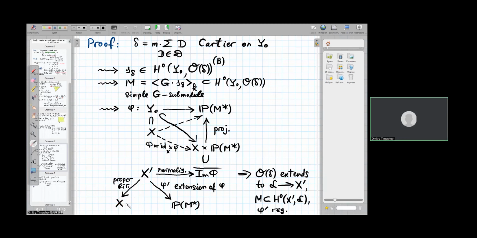And composite with a normalization is still proper, because normalization is a finite map. In particular, it is proper. The composition of two proper maps is still proper. Yes, these are basic things from algebraic geometry. I have no time to discuss it in detail, but it is true.